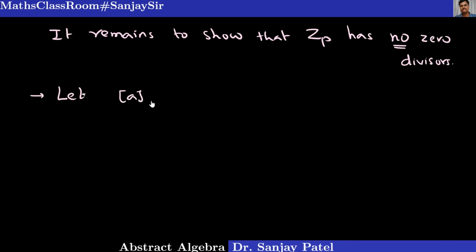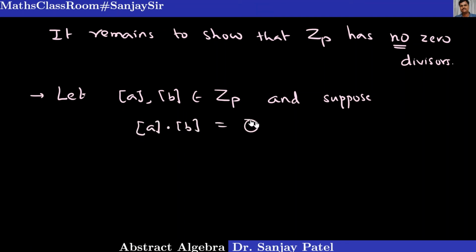Let class a and class b belong to the ring Z_p, and suppose the product of these two elements, class a · class b, is equal to the zero element. That means class a multiplication modulo p class b is equal to the equivalence class of 0. This is the zero element in Z_p, and the zero element is nothing but class 0.